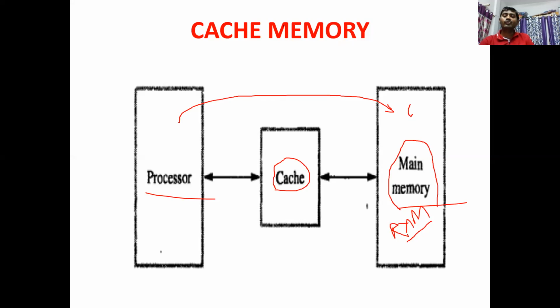Those are stored in a local temporary memory, that is the cache. If you clear it, all the contents go off. So the instructions the processor refers to very frequently will be stored here, so that the access time is very fast, and it can access, execute and then send the output.